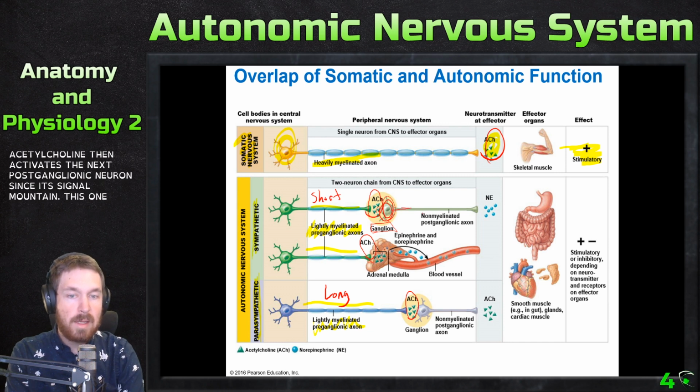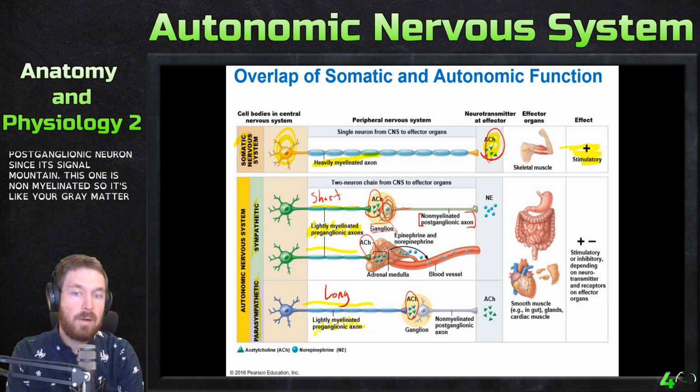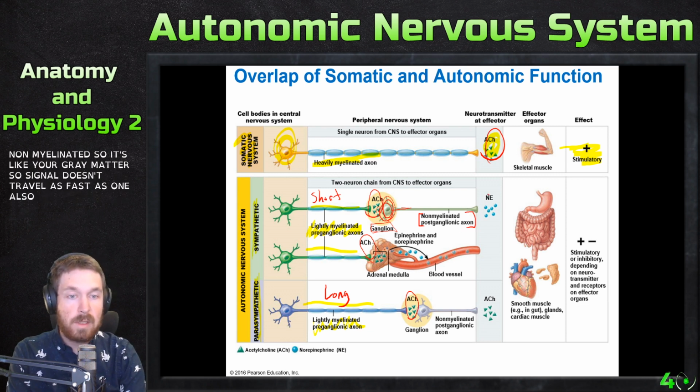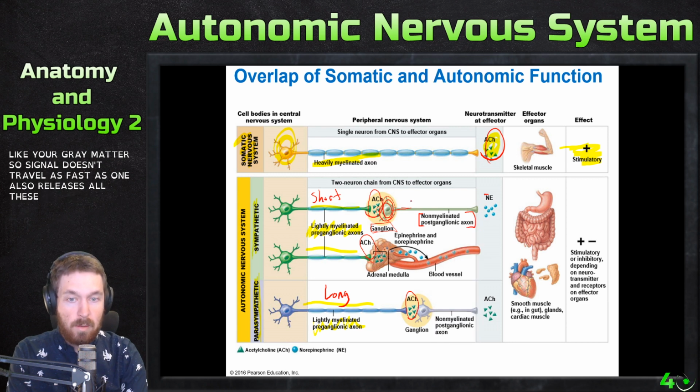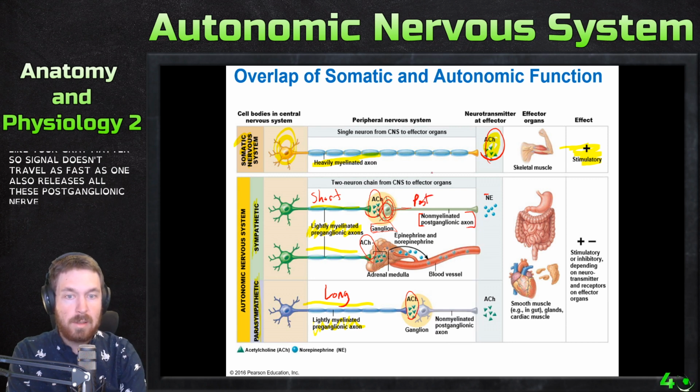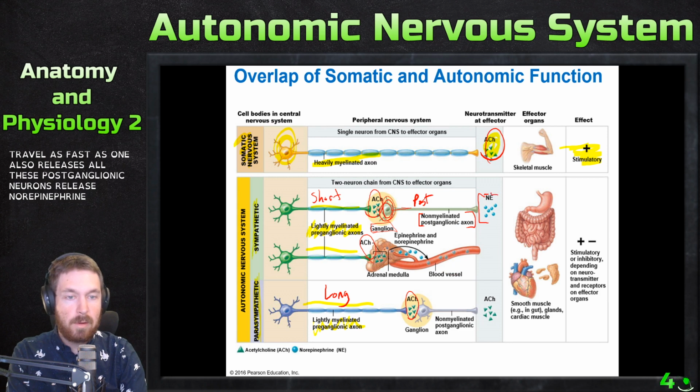It sends its signal out. Now this one is non-myelinated, so it's like your gray matter, and the signal doesn't travel as fast. All these postganglionic neurons release norepinephrine, except there's one.